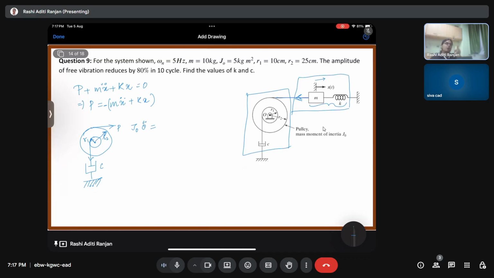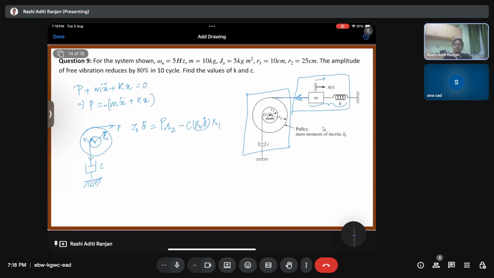So if we consider clockwise as positive, we get P into R2 minus C R1 theta dot into R1. Okay, we are actually balancing the moment, nothing else. P is in the clockwise direction, so it is creating a moment in the clockwise direction. The other is in the anti-clockwise direction, so it is creating a moment in the anti-clockwise direction. Right? I hope this is fine.